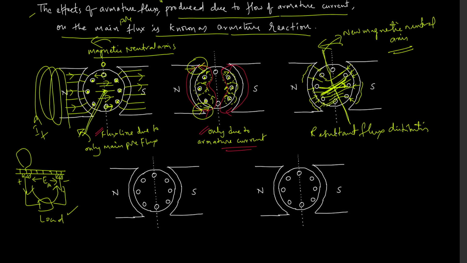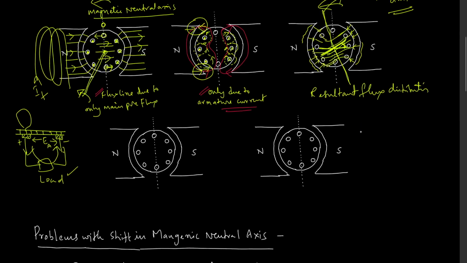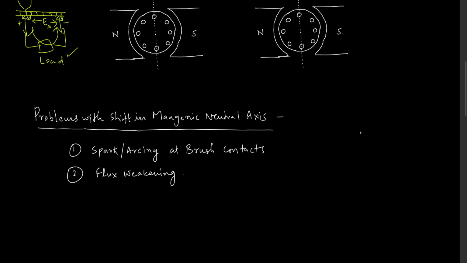Now what is the problem with the magnetic neutral axis? What does it actually cause? Let us now understand what problems we face with the shift in magnetic neutral axis.